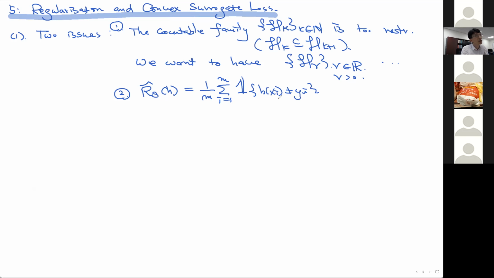It's really doing this for each of the y_i, so for y1 and y2, it's a very discrete function. My words, very discrete, may not mean very much to you, but it turns out optimizing this directly is not very easy.